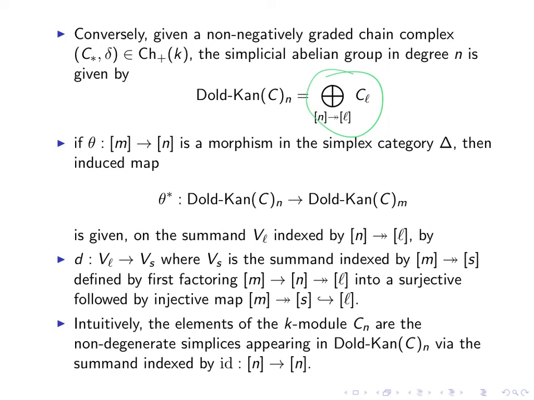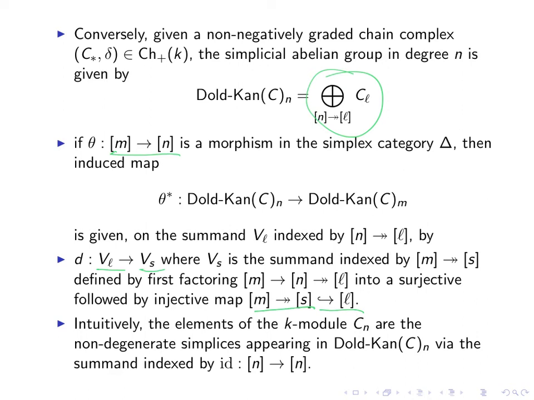And then here's the behavior on maps in the simplex category. Basically, given m to n in the simplex category, you have to factor it into a surjection followed by an injection, and then map V_L to V_S, where D is the differential in the chain complex.